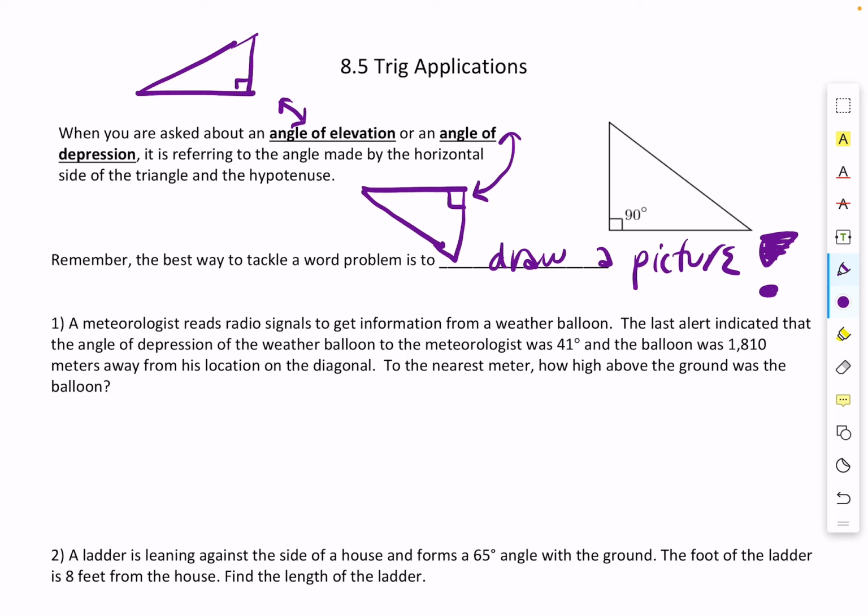Okay, a meteorologist reads radio signals to get information from a weather balloon. The last alert indicated the angle of depression. When I do word problems, I like to go one sentence at a time. Before I even read more, I know it said angle of depression, so I'm going to start out with my horizontal and then open down.